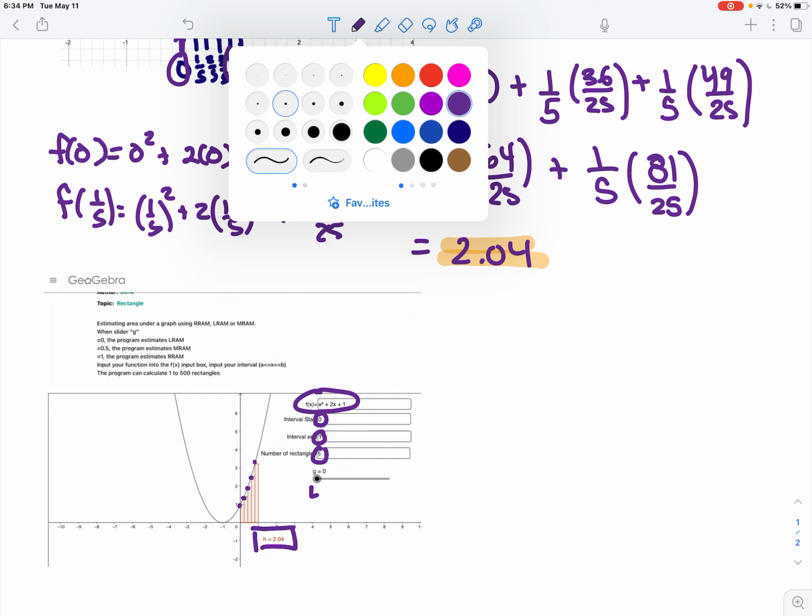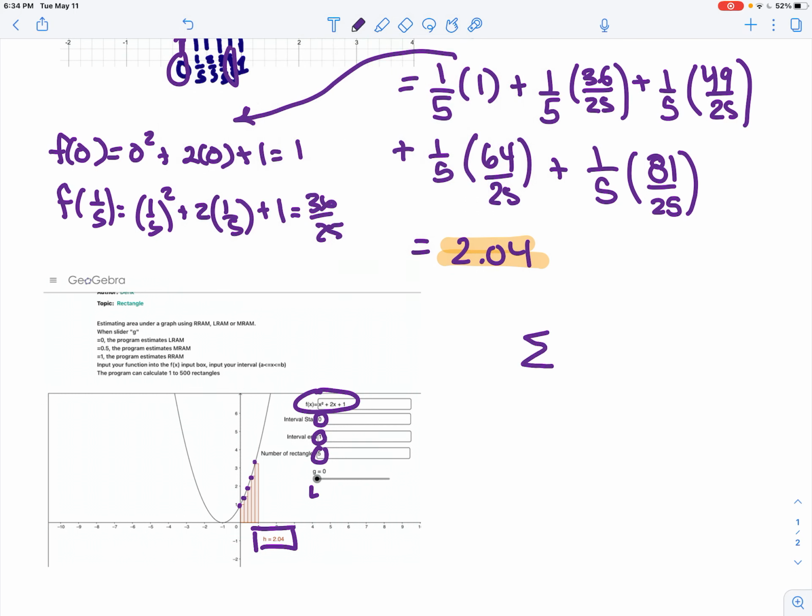So what's happening here is you have the sum of f of x times the change in x. So this was 1/5, and this was the height or the y value.